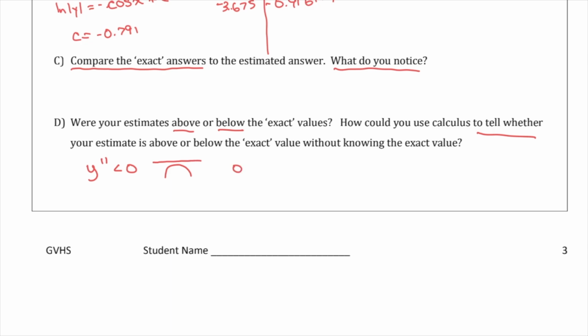So that would mean you would have an overestimate when you do a numerical approximation. However, if your second derivative is greater than 0, your original function is concave up. So the tangent lines are under the graph. And that would tell you that your estimates are underestimates because your tangent line is under the graph.